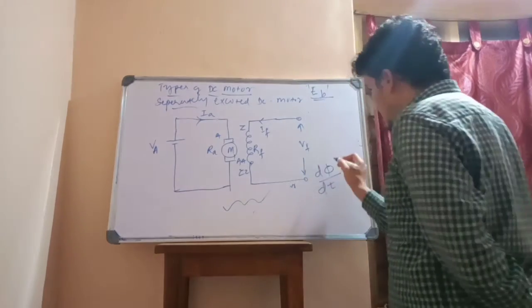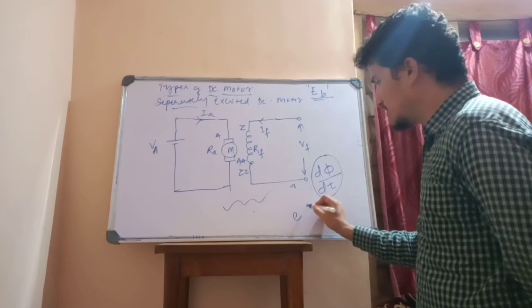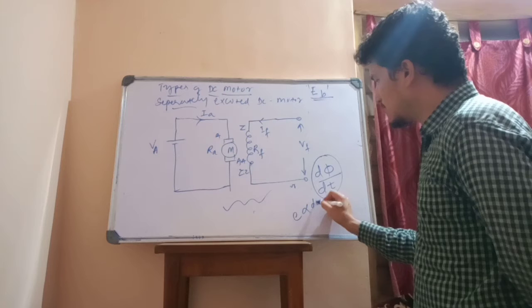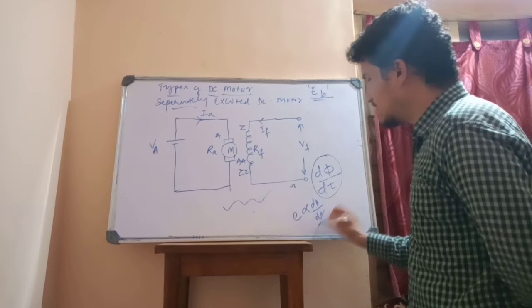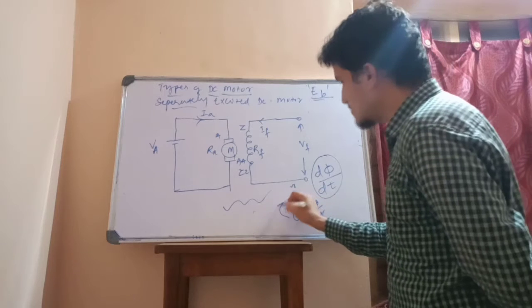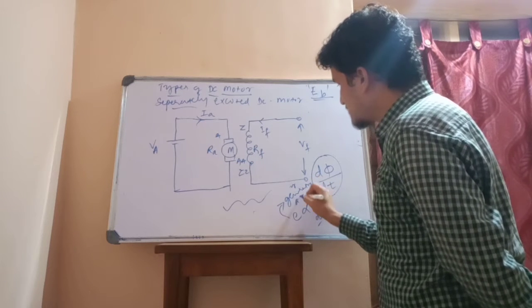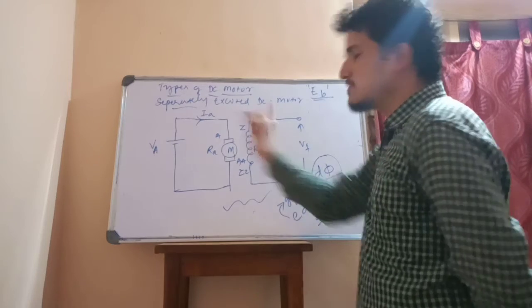If there is any change in the flux with respect to time, an EMF should be induced. E is directly proportional to d phi by dt according to Faraday's laws of electromagnetic induction. So a generating action also takes place in the motor.